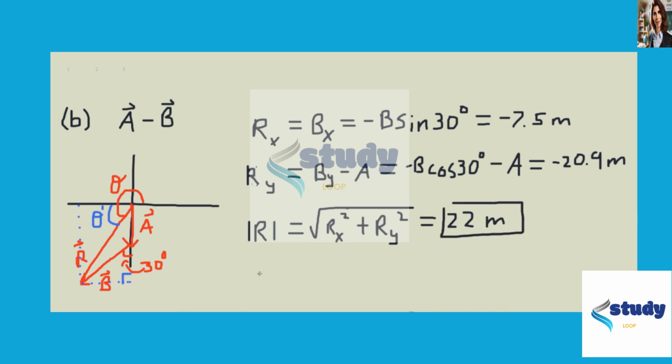Okay, and then the angle that it makes, theta, is equal to 180 degrees plus theta prime, right? So this is equal to 180 degrees. And then again, using our trigonometric identities, that theta prime is going to be the inverse tangent of R of y over R of x.